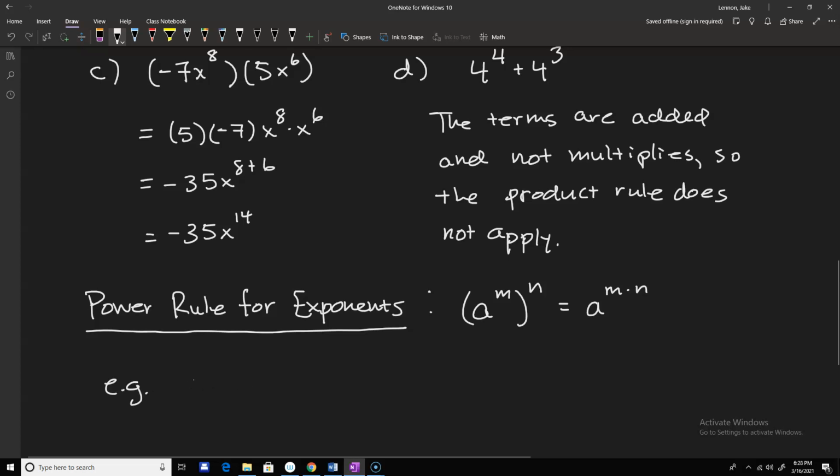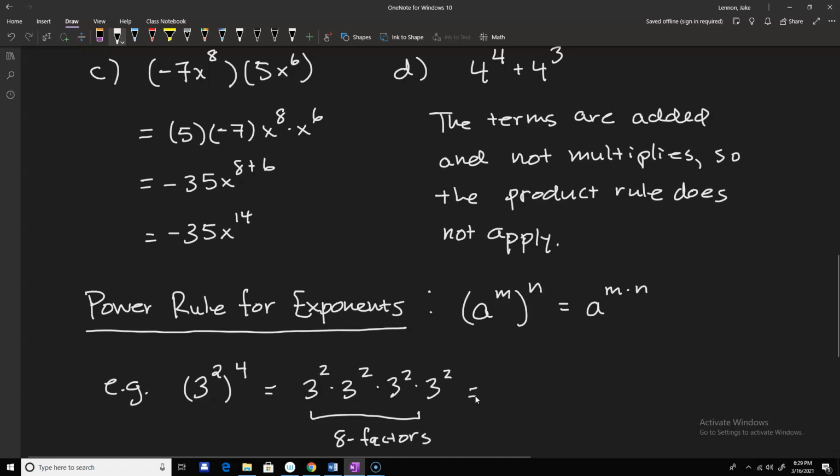Let's say we had 3 squared, and we raise that to the 4th power. Well, what would that be? Well, that would be 3 squared multiplied out 4 times. And so you can count now that there's 8 factors of 3.